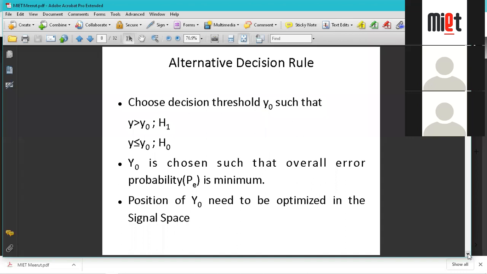I call this the hyperplane, and the position at which the hyperplane has to be inserted is called the decision threshold, say y naught. This is selected in such a manner so that the overall probability of error is minimum. So let's see in the next slides how we minimize the probability of error.